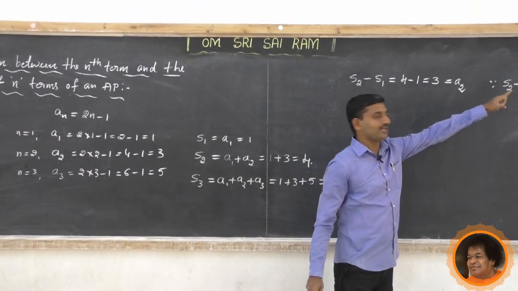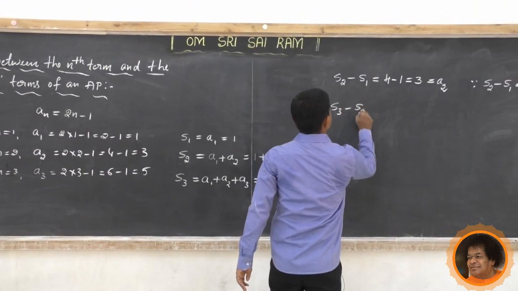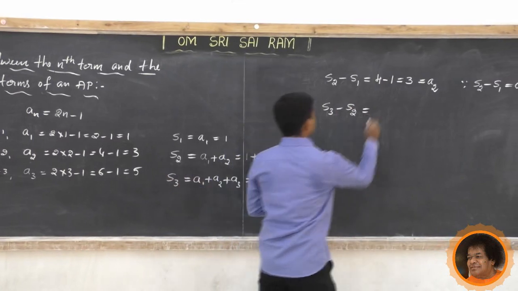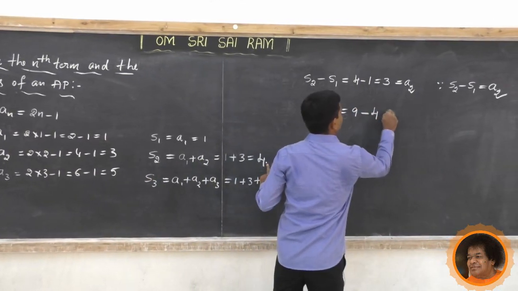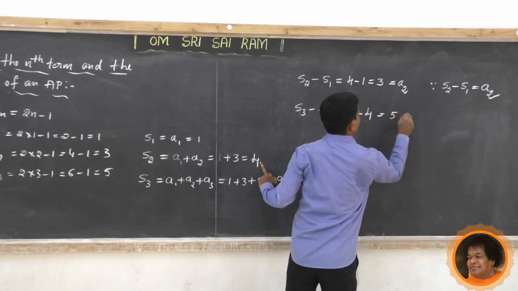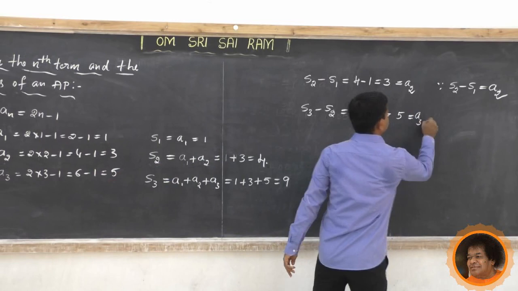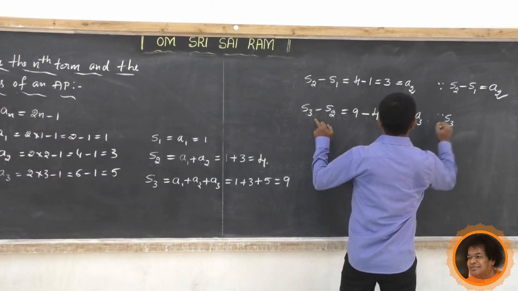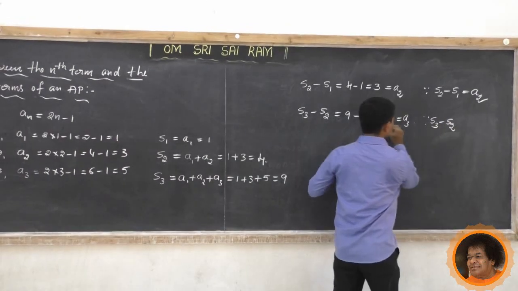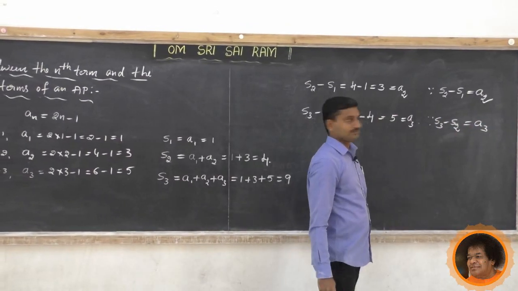And next S3 minus S2. S3 value, that is 9, minus S2, that is 4, which is equal to 5. So 5 is the third term a3. Or we can write it as S3 minus S2 equal to a3.